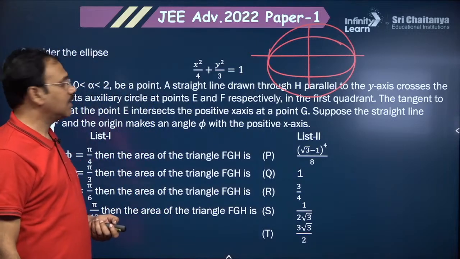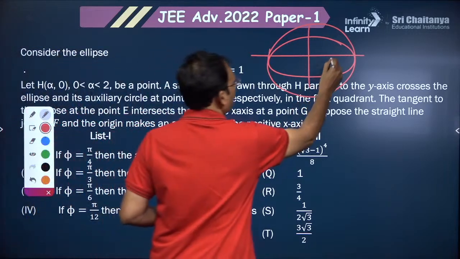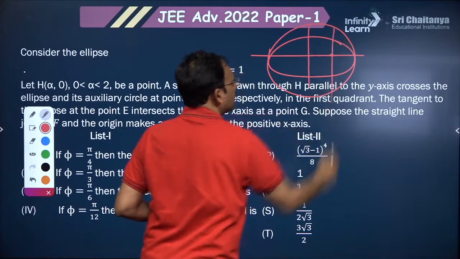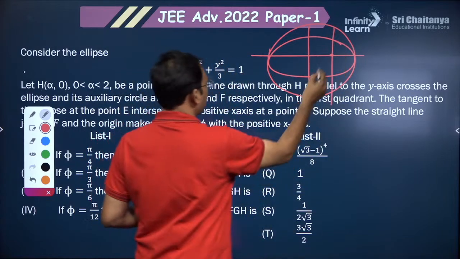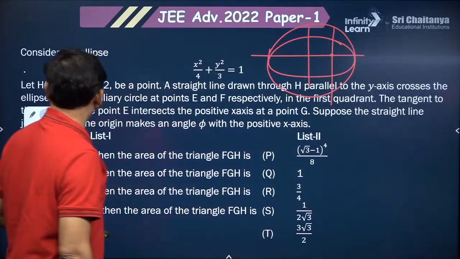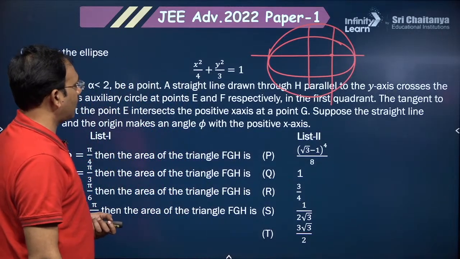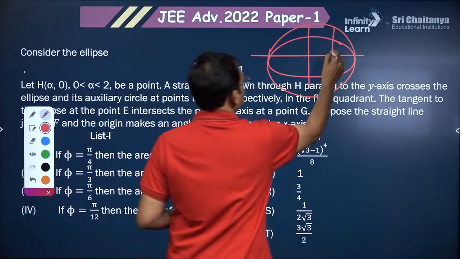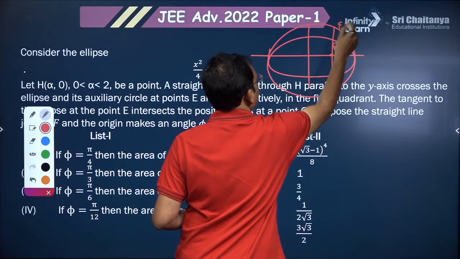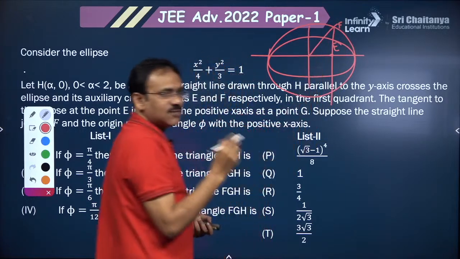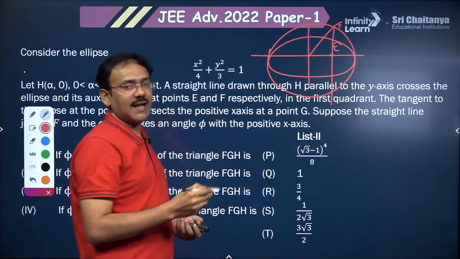Here he has taken some point, say alpha comma 0, and drawn a vertical line. Suppose he has said that it meets the ellipse and the auxiliary circle at the points E and F respectively. He said this angle is phi, meaning the eccentric angle is given.